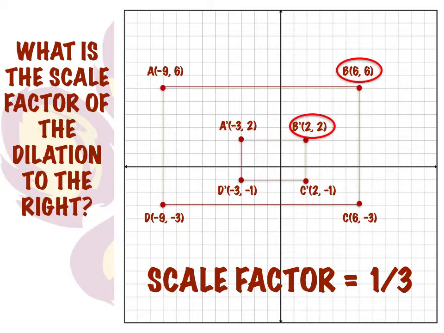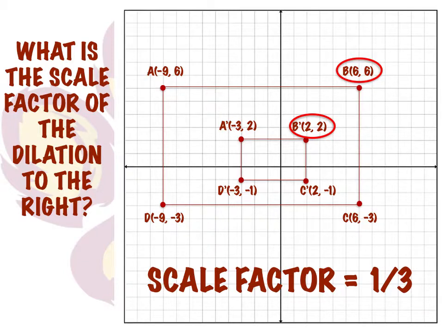Another way you could do this is by counting the amount of the squares for a side length. Sometimes this is a little more difficult if the image after the dilation is like halfway between ordered pairs though. So if you look, that right side there going from B to C, if you count your squares, you have 9 for that side length.